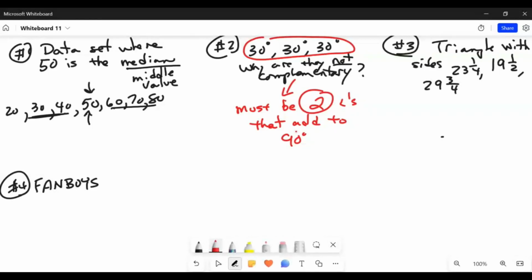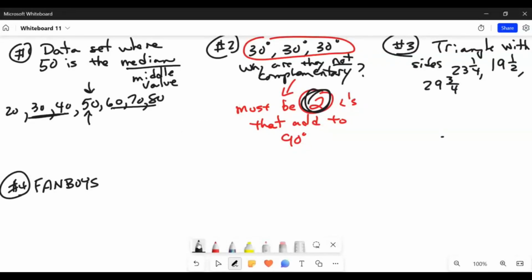If you have more than 2, they're not complementary. Only 2. Same thing with supplementary. It has to be 2 angles that add to 180. So complementary and supplementary, it must be a pair of angles.